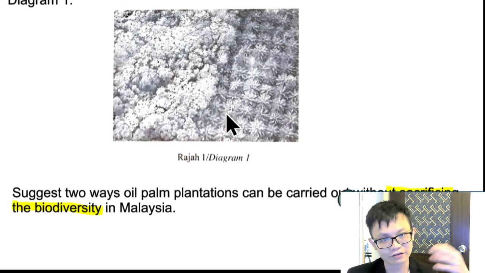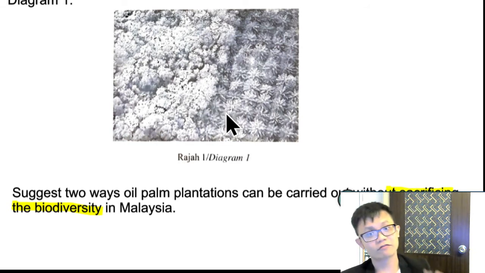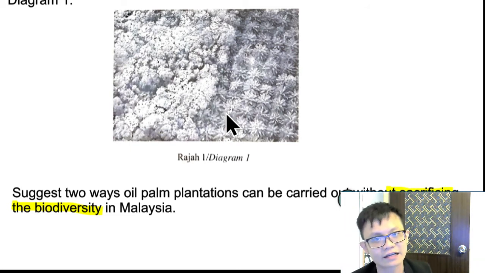But as I grow older, it actually destroys the biodiversity. Why? Because we are talking about the habitat. If you want to put in an oil plantation, you need to clear the land. When you clear the land, you just put the oil palm. So where does the monkey go?